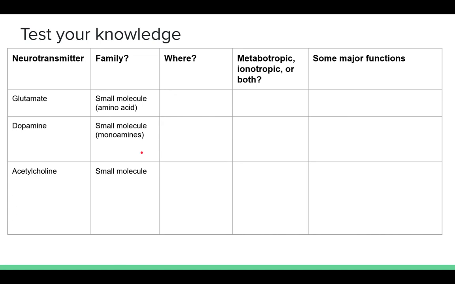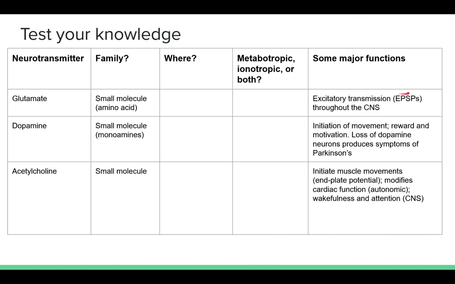Some other things that I hope are easy to recall are some of the major functions. Some of these we've talked about several times. We've talked several times about how glutamate has mainly excitatory actions through its actions at excitatory synapses, EPSPs. We've talked about several functions for acetylcholine.